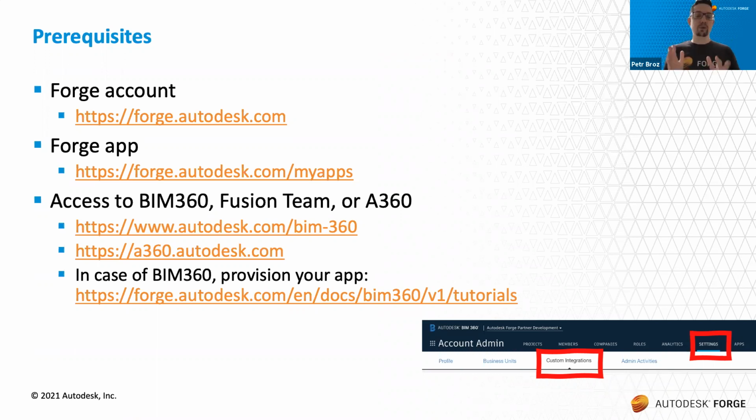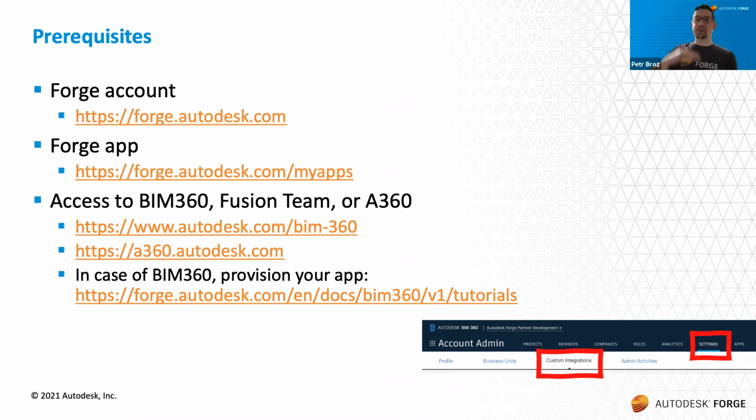And if you do want to try to access your content in BIM 360, there is one important step. It's called provisioning. So for A360, this is not necessary, but for BIM 360, if your Forge app wants to access your user's data in BIM 360, you actually need to whitelist your application in BIM 360.